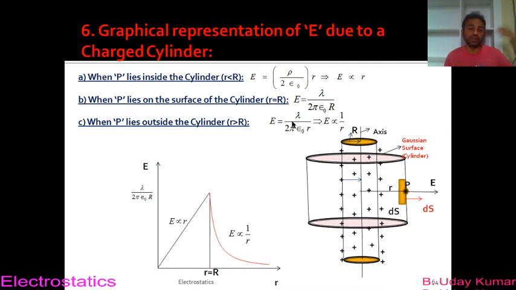As in our previous case, that is the charged cylindrical conductor, on the surface and outside the surface were represented by these formulas, but inside the cylinder, in our earlier case it was 0, but here E is directly proportional to R. So that is the only difference between a charged cylindrical conductor and a charged cylinder. Okay, so check it out. Since inside the cylinder E is directly proportional to R, we get a straight line here, and the remaining things are the same.